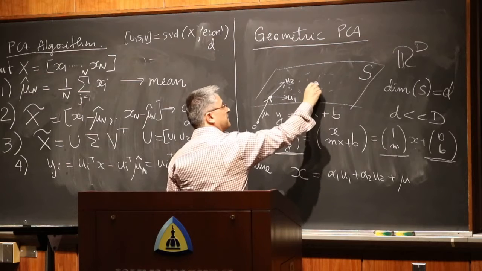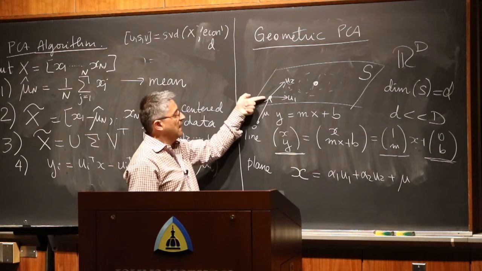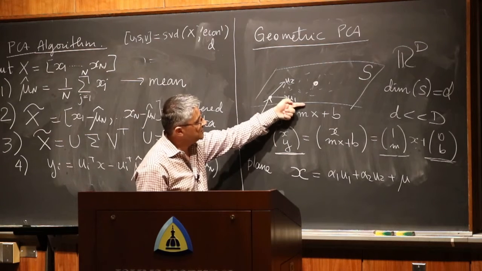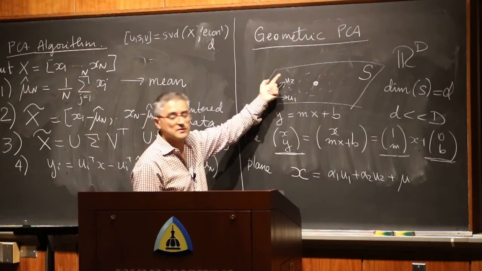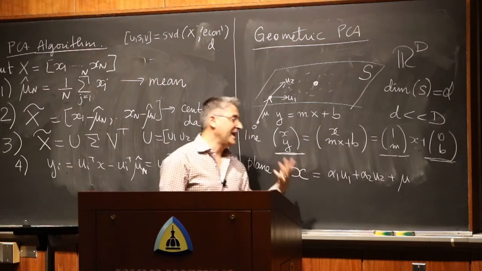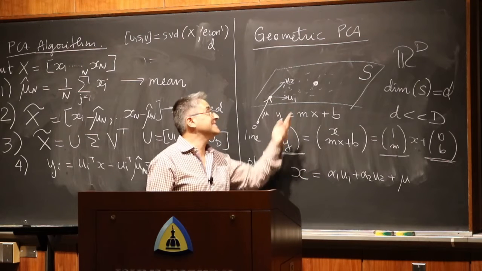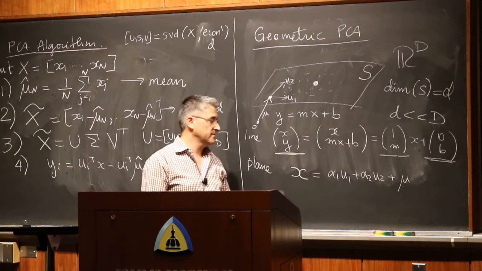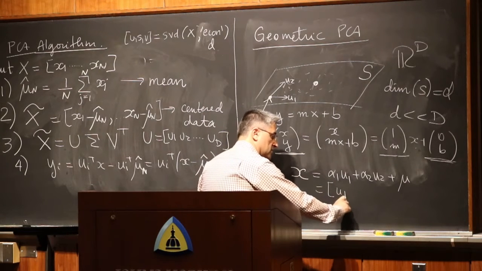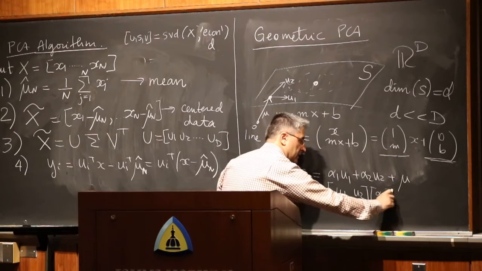All I'm saying is that any point in the plane can be written as another point in the plane that is fixed, plus something in the direction of u1 and something in the direction of u2. I emphasize that there are two independent variables here only because there are two main directions, and that is the dimension of that little tiny subspace. I can now start writing this in matrix form: this is just [u1 u2] times [alpha 1, alpha 2], and then plus mu.